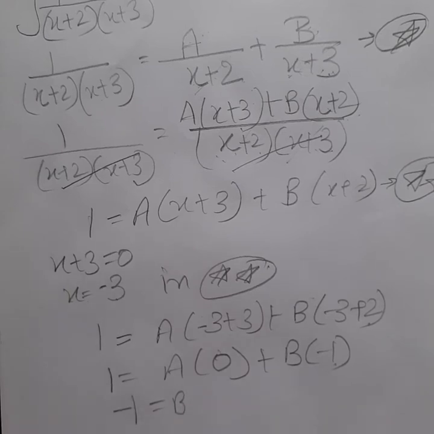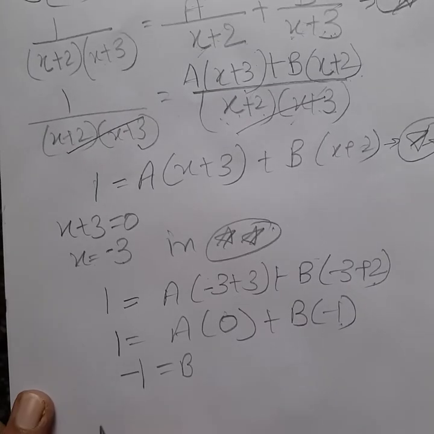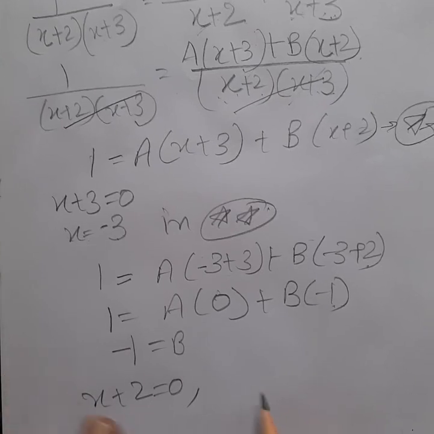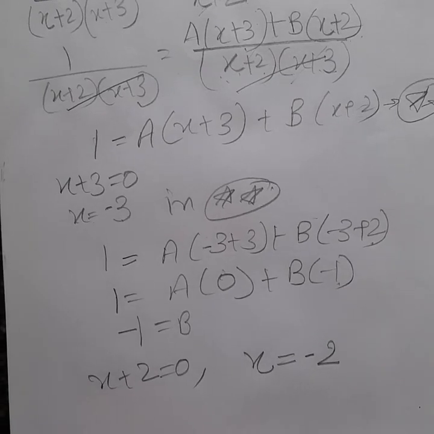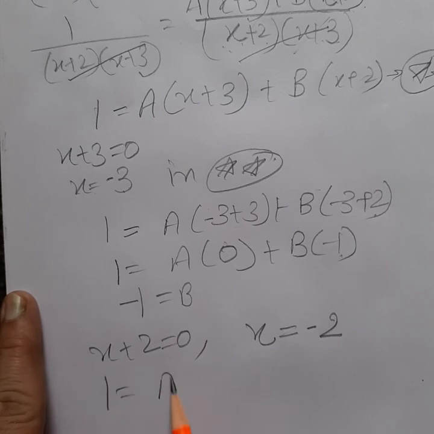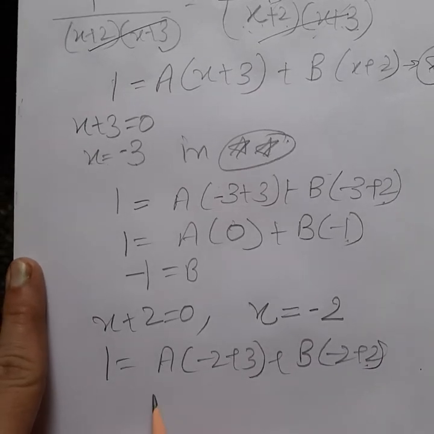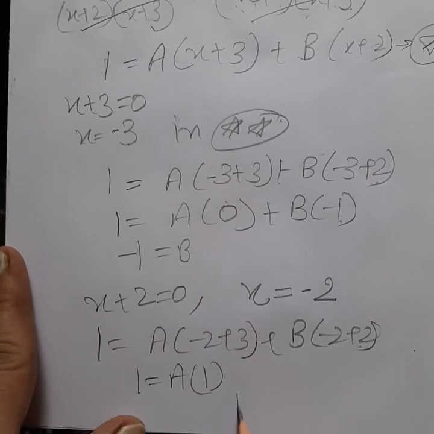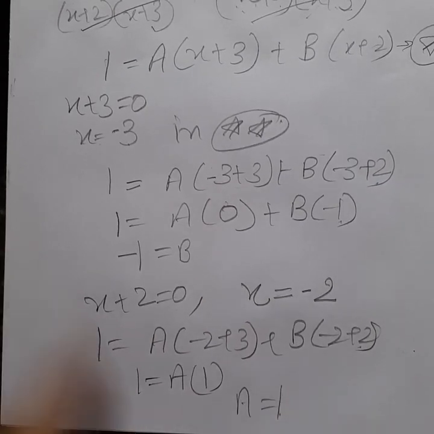Now for the next step we put x plus 2 equal to 0, and we get x equal to minus 2. We put this value in our double star equation, and we get a(minus 2 plus 3), and for b we get minus 2 plus 2, which is 0. Here 3 minus 2 is 1, so we get a equal to 1.